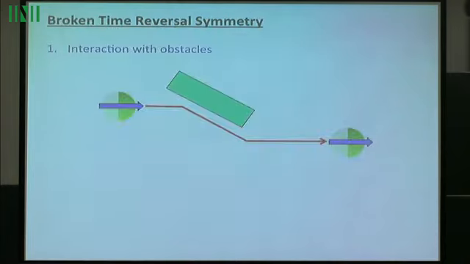Let me proceed. As I mentioned at the beginning, these systems don't have detailed balance, they don't have time reversal symmetry in their microscopic or local dynamics, and that shows through not so much when I have just one particle, which does a persistent Brownian motion that may as well be reversible, but when they interact with obstacles or with each other. Very briefly, if I have a particle propelling along here, it gets a counterforce from the obstacle in the normal direction, it will slide sideways and carry on.